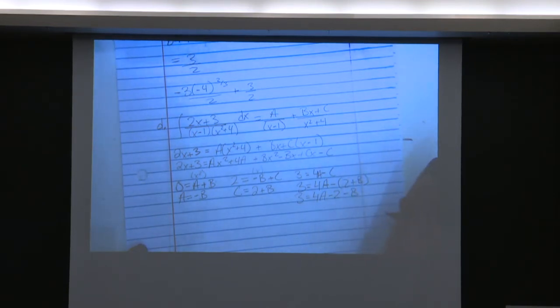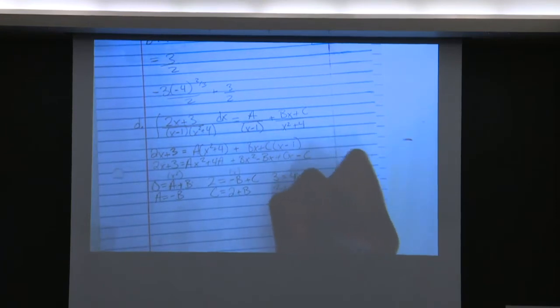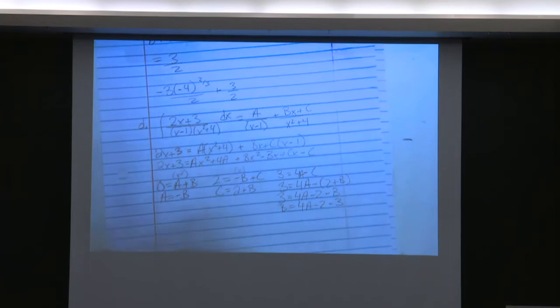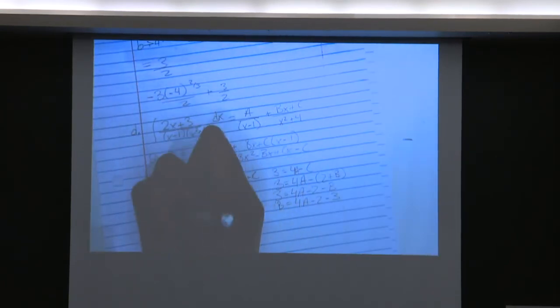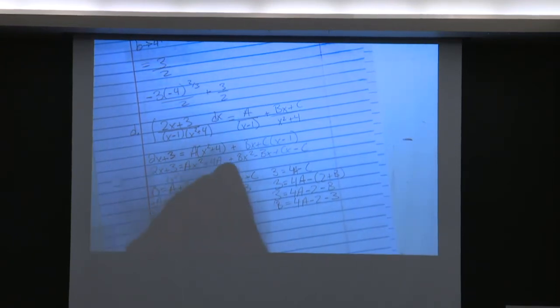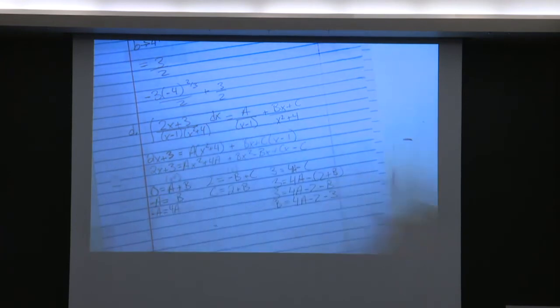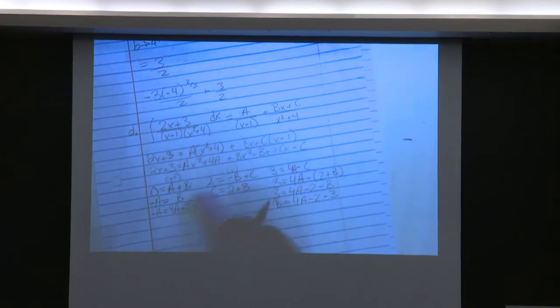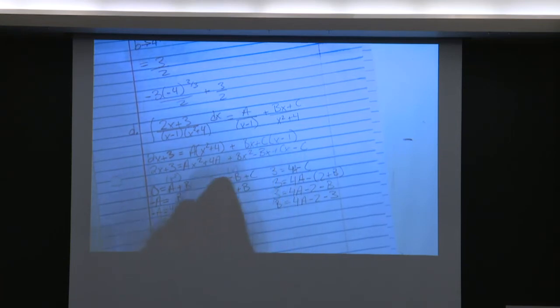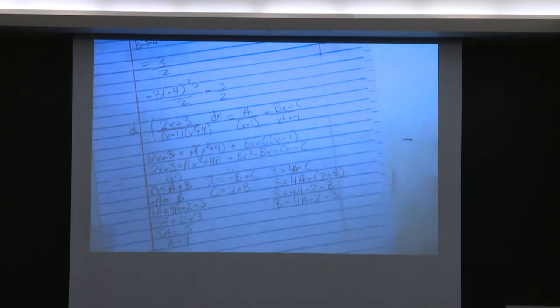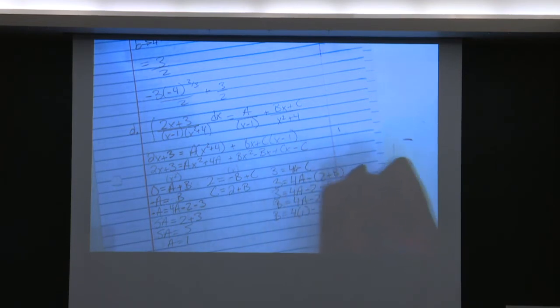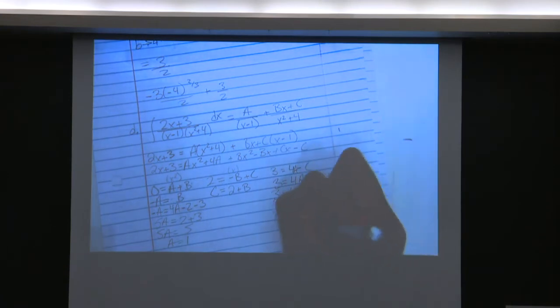This is too much. Minus 3. a equals 1. 4 minus 2 is 2, minus 3 is negative 1. All right.